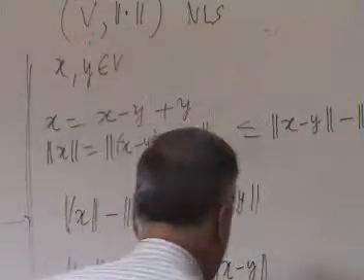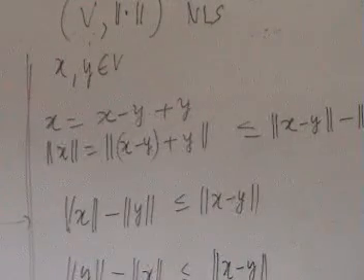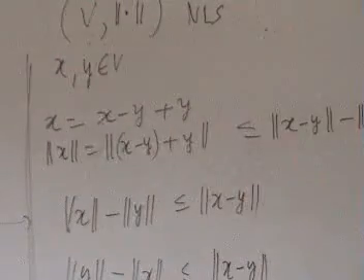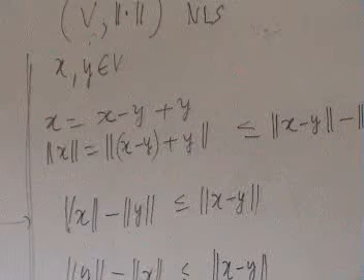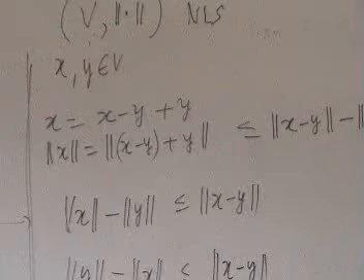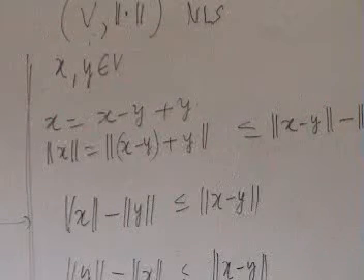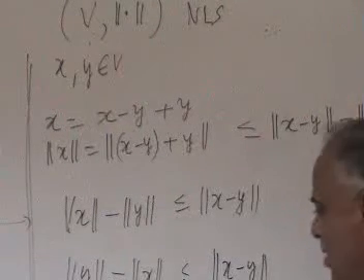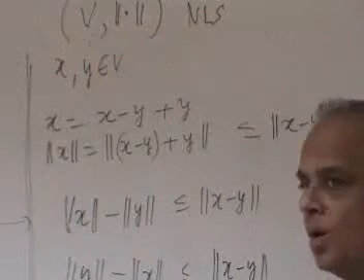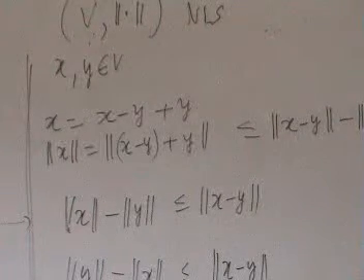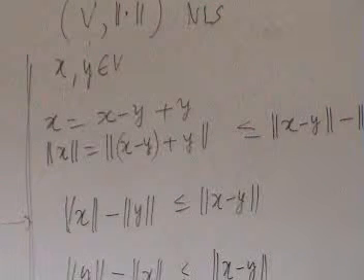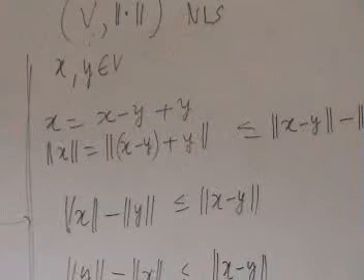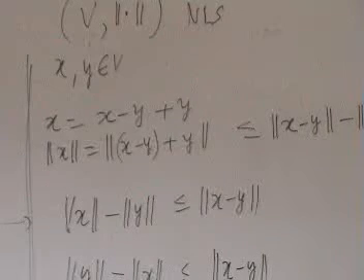This is the corresponding result for a normed space: the absolute value of the difference in the norms is less than or equal to the norm of the difference of the two vectors. That's a very simple but very, very useful inequality.